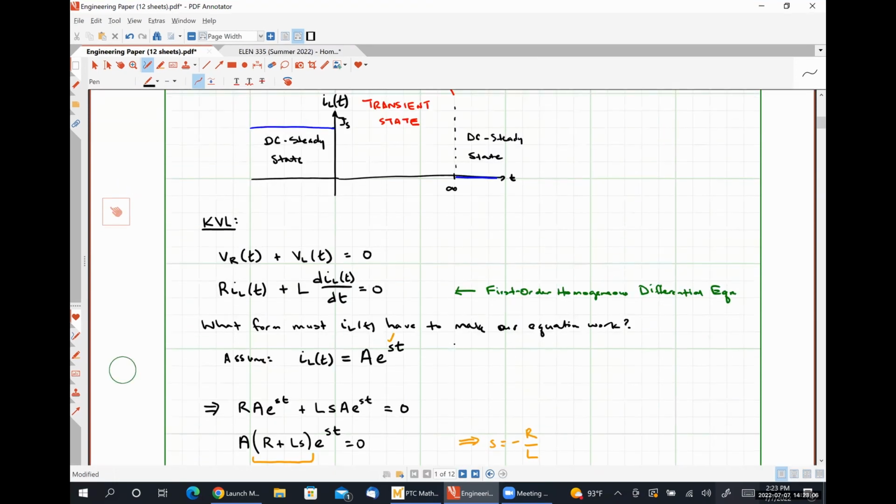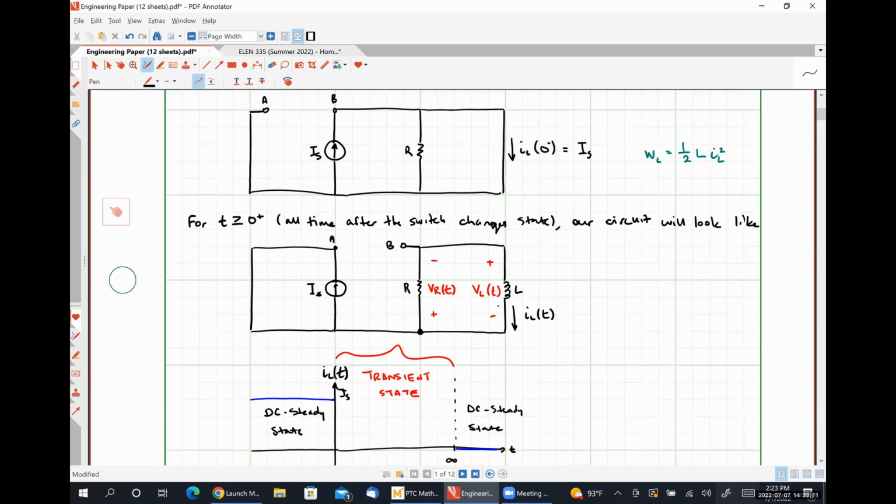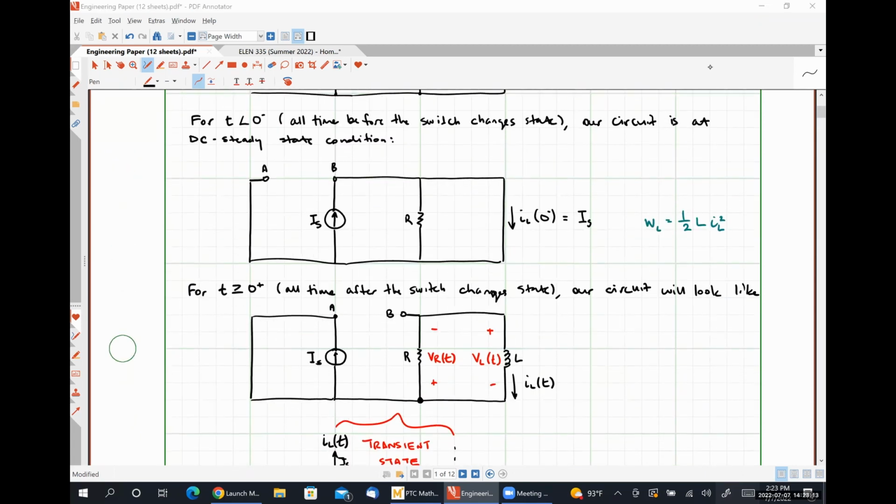So let me scroll back up here. I believe it was Catherine. Let me double check so I'm not misattributing things. Yes, it was Catherine who determined that the inductor current at t is equal to 0 minus was IS, the current that's being supplied by the current source.